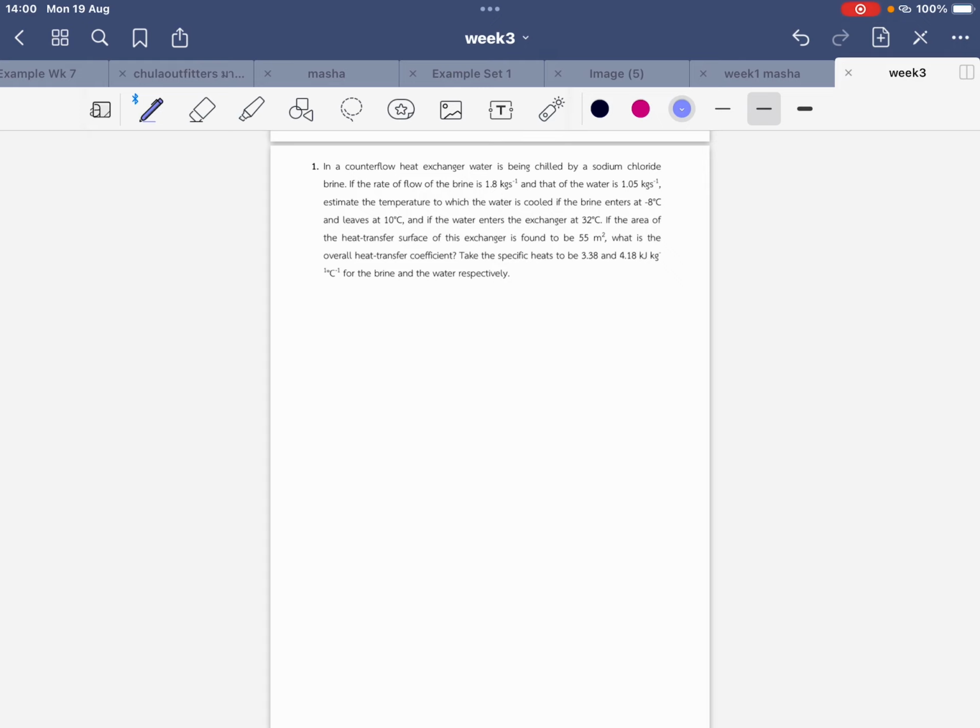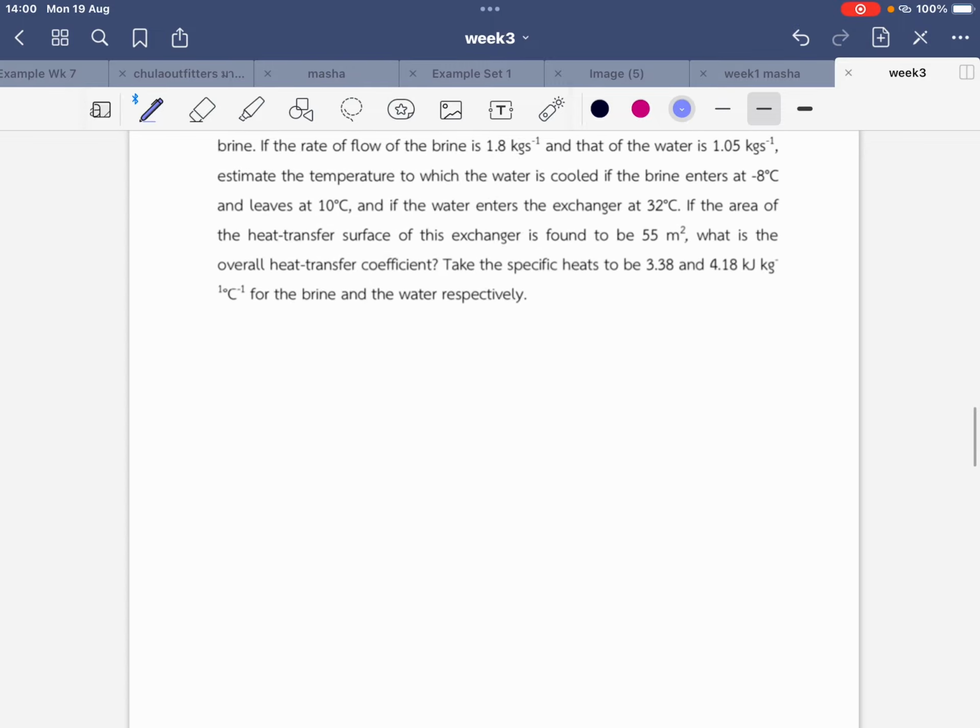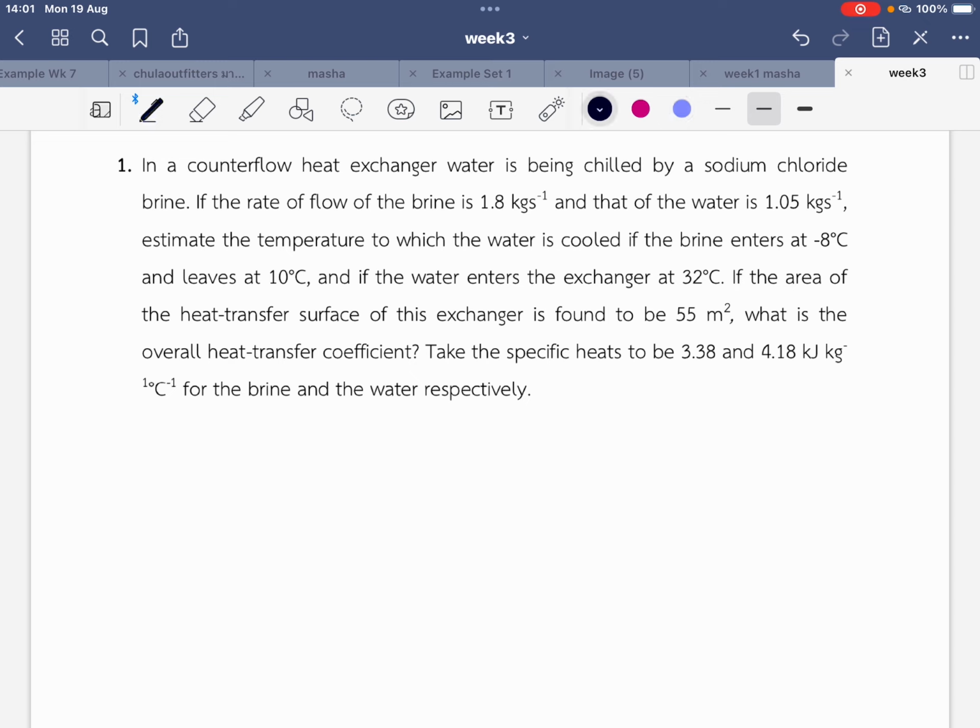So, for the first question, they say that the cooling medium is chilled by the sodium chloride brine. Let's start it off with what they give us.